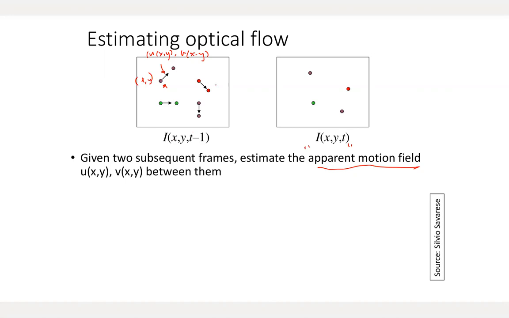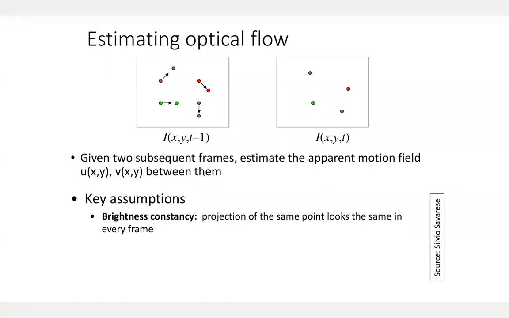And you do it for every pixel, right? There are some assumptions for us to construct this U V here. First things first, we assume that from this frame to the second frame, the brightness doesn't change drastically.